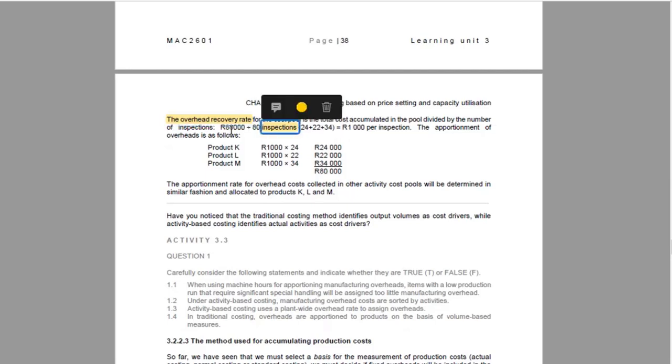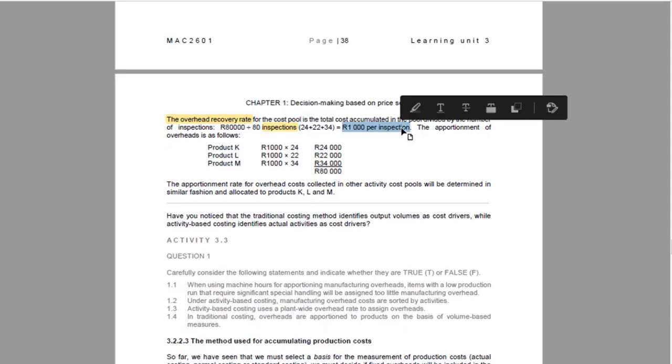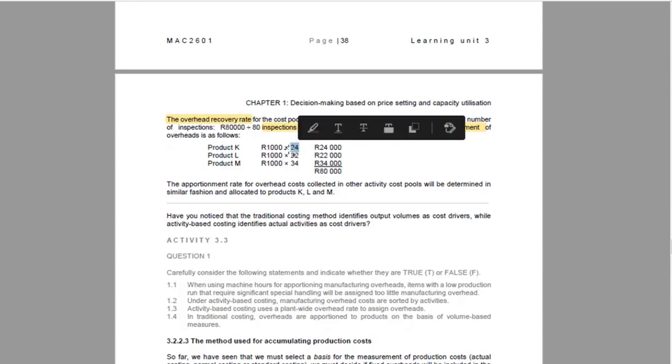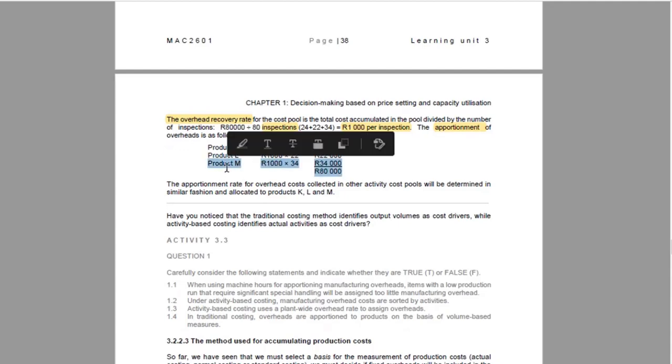That would be 80 inspections. So 80,000 divided by 80 gives you 1,000 per inspection. Then to apportion it, you take the 1,000 that you just calculated, because it's the cost per inspection, and multiply it by the number of inspections relative to each product. Then you can see that product M is the one with the highest, which is 34,000.